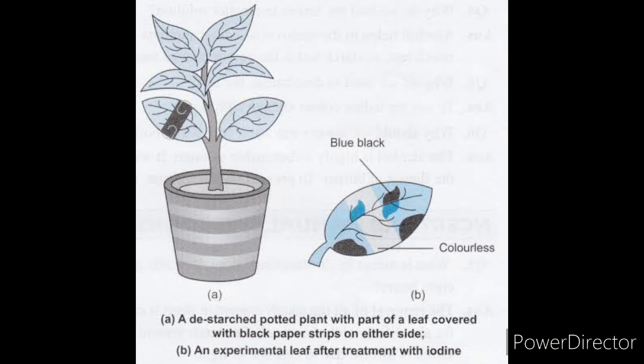Remove the black tape and double boil the leaf in water, and the chlorophyll gets dissolved into the water.